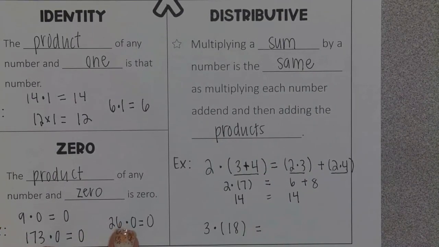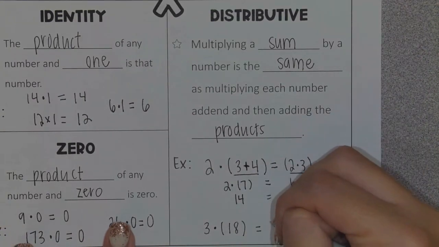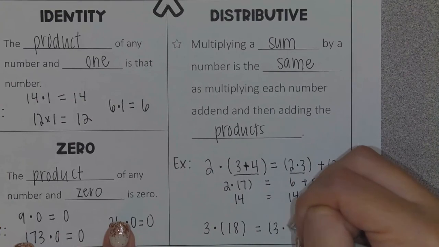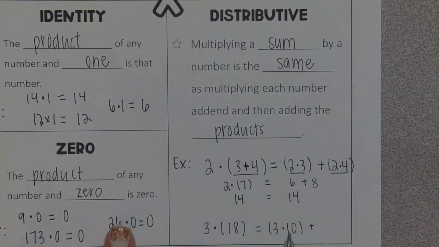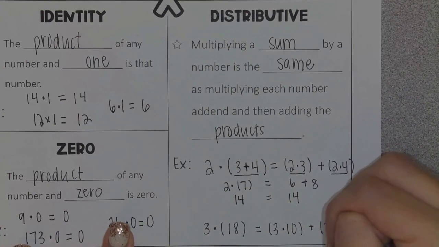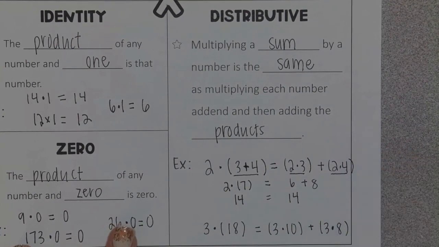So I just need to come up with 2 addends that create the number 18. So I could start with 3 times 10. And if I have 10 there, the other missing part of 18 would be the number 8. So I would need to do 3 times 8.